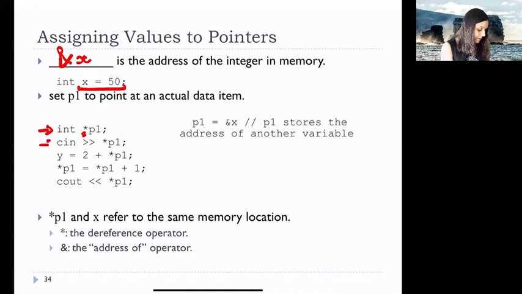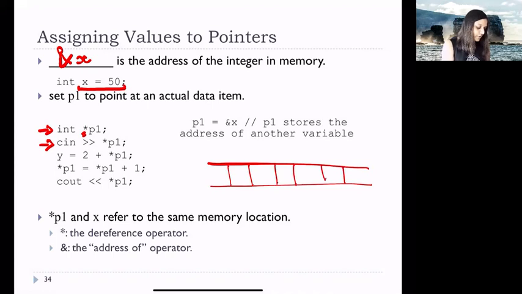We are taking an input of what to store at that pointer. So let's imagine our memory as, again, a big array where you are initializing pointer P1, and then you are saying what to store in this pointer P1.